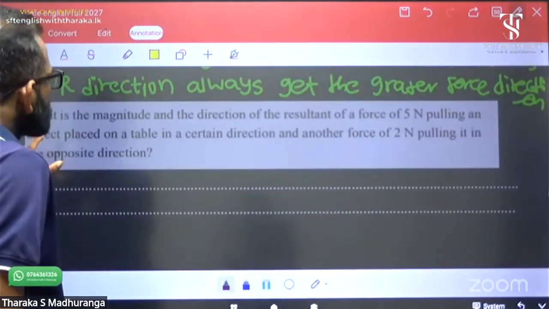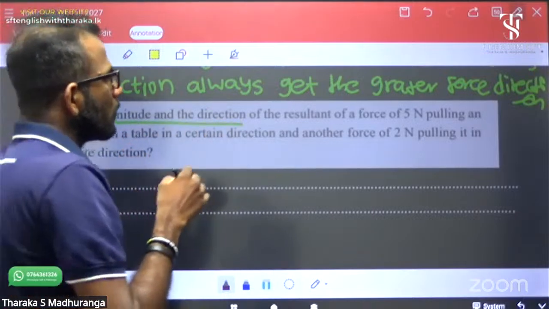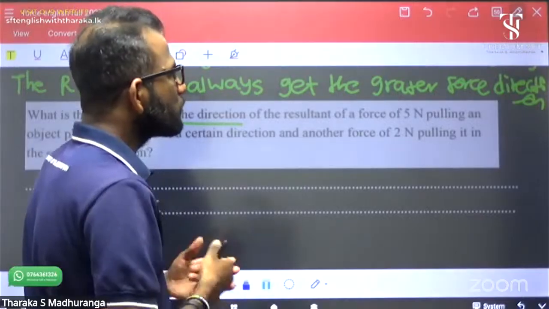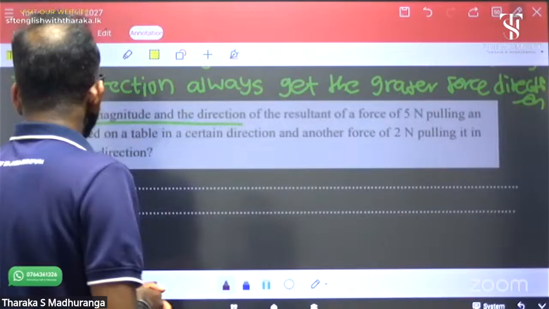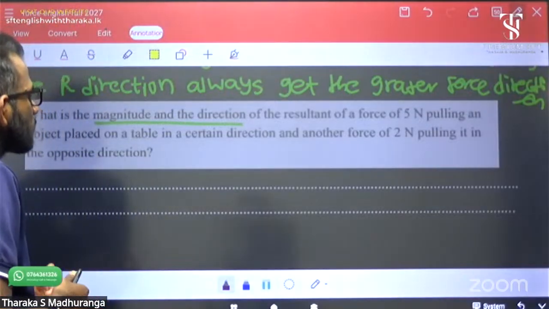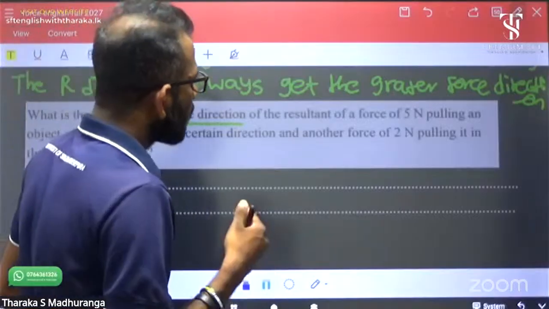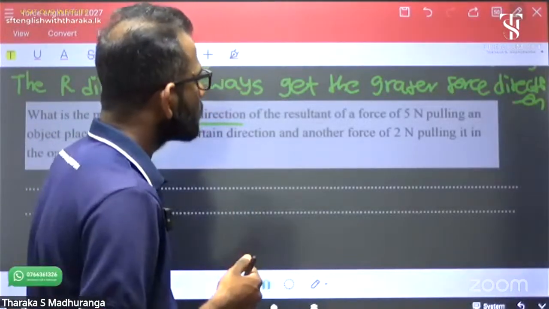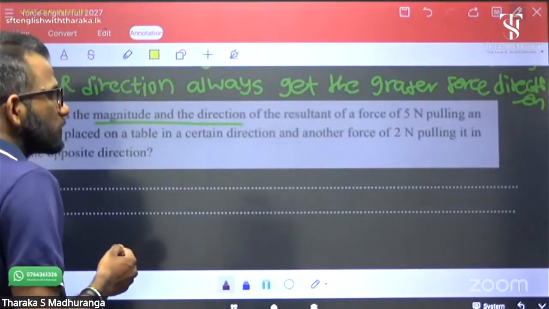Okay, what is the magnitude and the direction of the resultant of a force of 5 Newton pulling an object placed on a table in a certain direction, and another force of 2 Newton pulling it in the opposite direction?